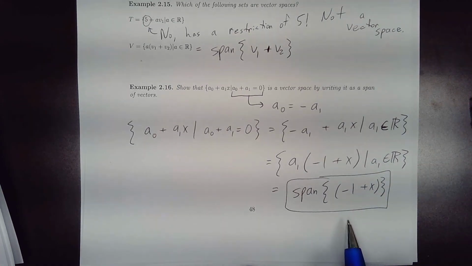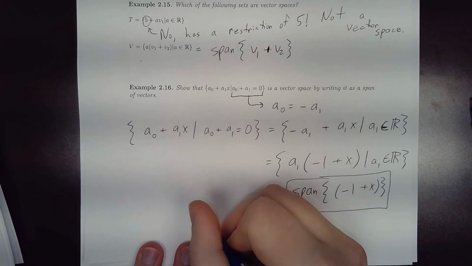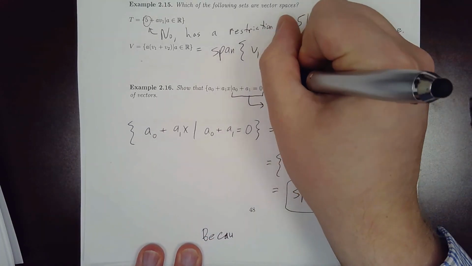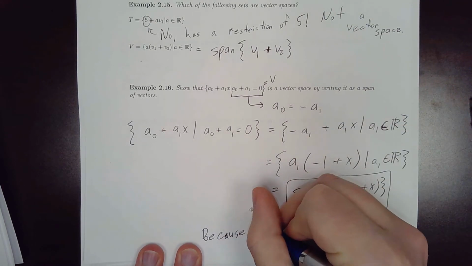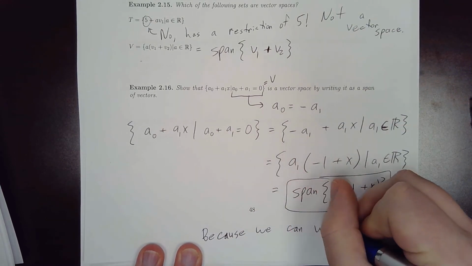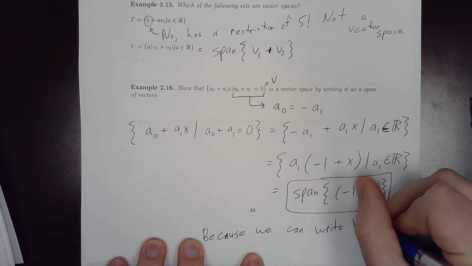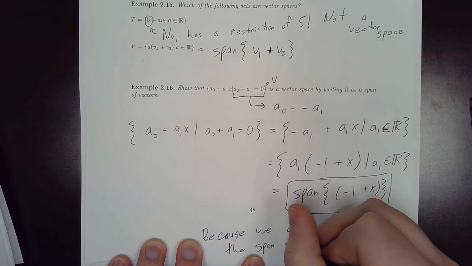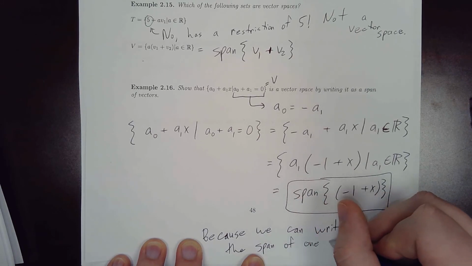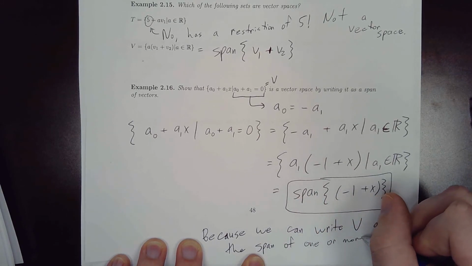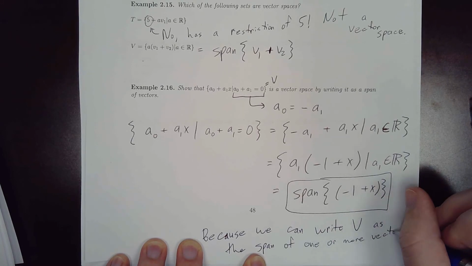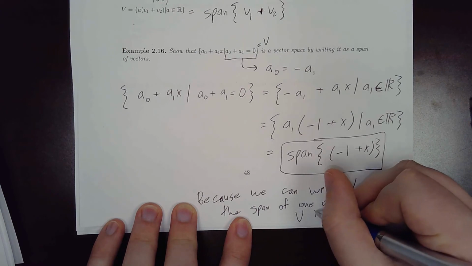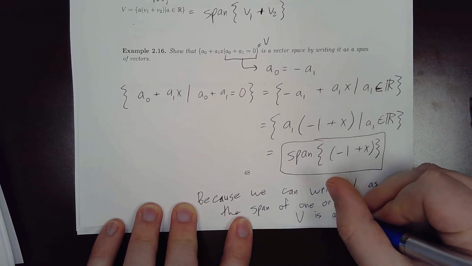And so because we can write it as a span, I'm going to call it V, because we can write V as the span of one or more vectors, it is a vector space.